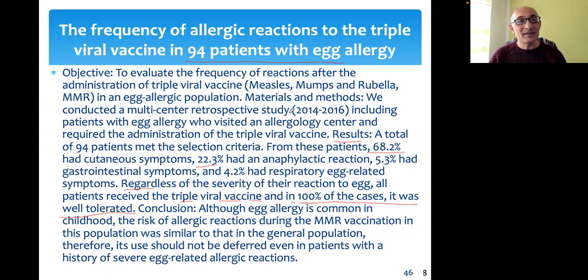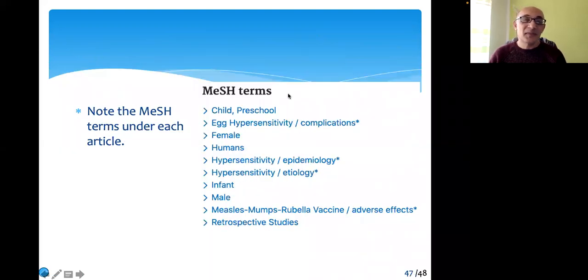This evidence shows us that our assumptions sometimes are wrong. As a physician, I would not dare to give a viral vaccine shot to somebody who has egg allergy. But this article proves the opposite. Anyway, this was just side information relevant to the content.